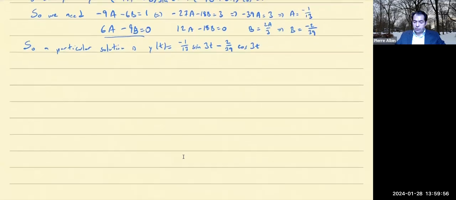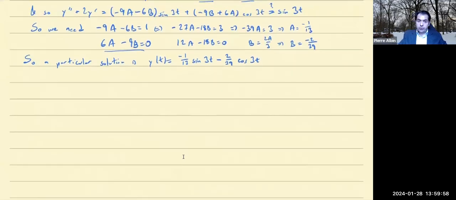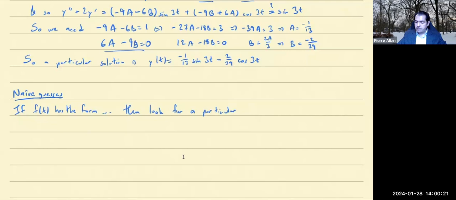We can make a little chart of what you should guess. So our naive guesses. Right. So if f of t has the form, then look for a particular solution of the form.